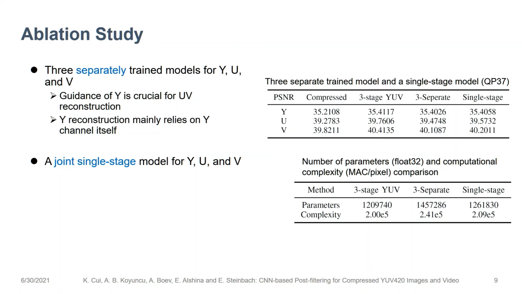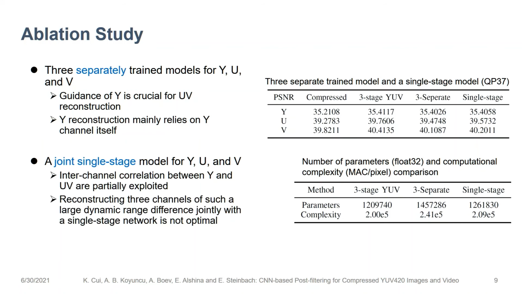When we look at the single-stage model jointly trained for Y, U, and V, we can see that for Y channel, it performs comparably to the other 2 models. However, for U and V channel, it performs worse than the 3-stage model, but better than the 3 separate models. This means that interchannel correlation between Y and UV is partially exploited in the joint single-stage model.